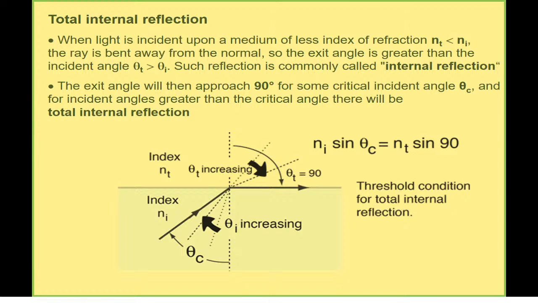Such refraction is commonly called internal reflection. The exit angle will then approach 90 degrees for some critical incident angle, and for incident angles greater than the critical angle, there will be total internal reflection. So you can see the threshold condition for total internal reflection.